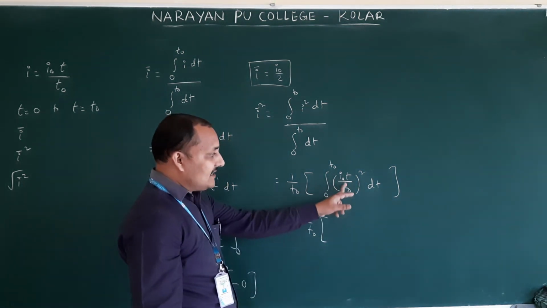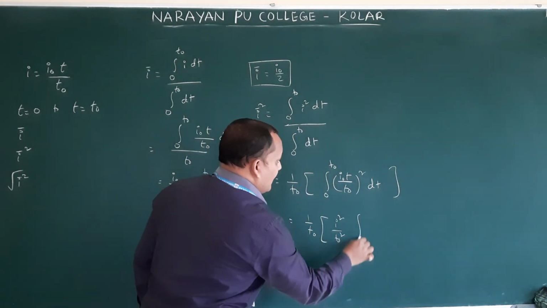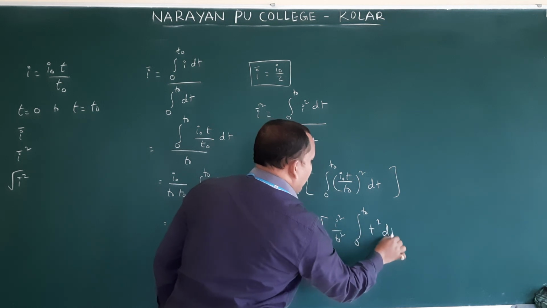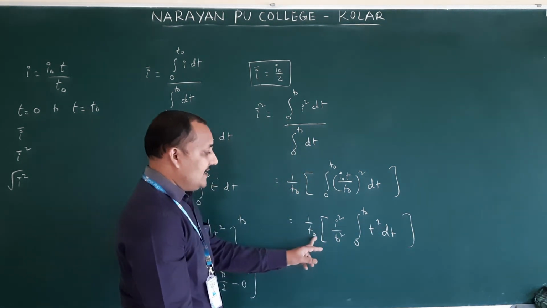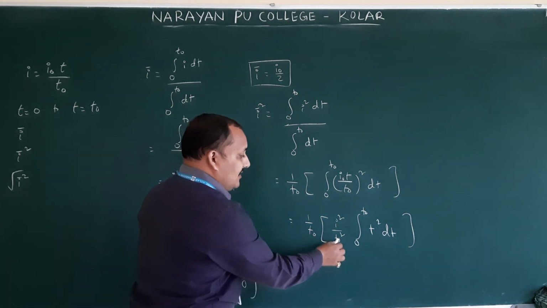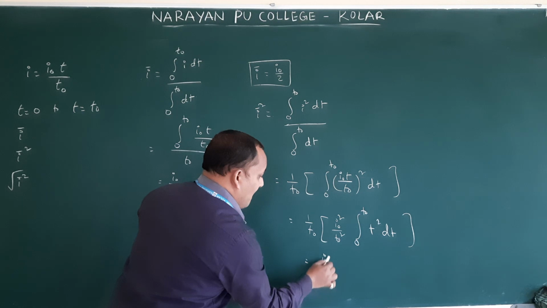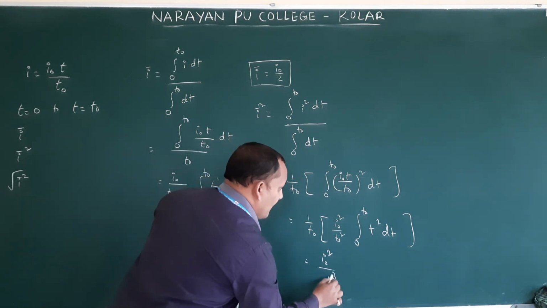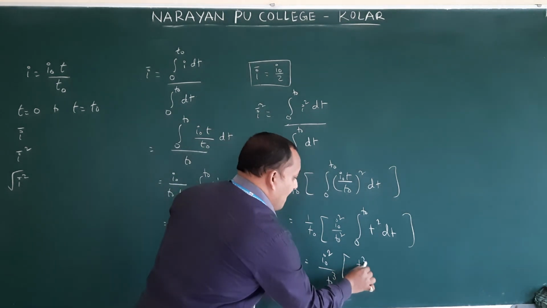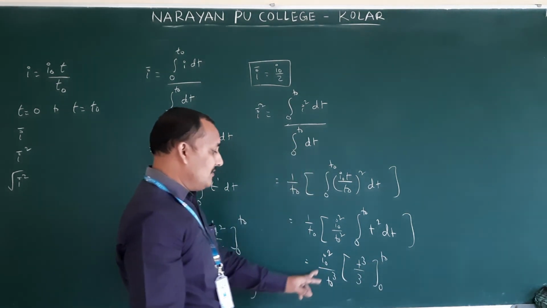In this, I naught square by t naught square is constant. I naught square by t naught times t square dt. So t naught into t naught square, t naught cube. So this is I naught square by t naught cube, integral of t square, like x square dx. x cube by 3 between the limits 0 to t naught.